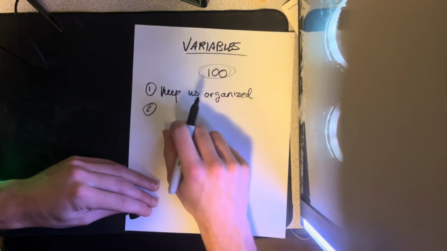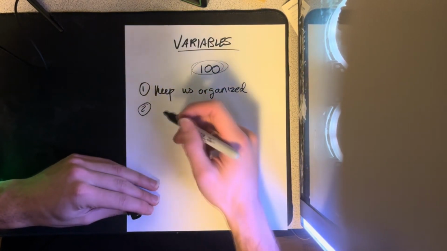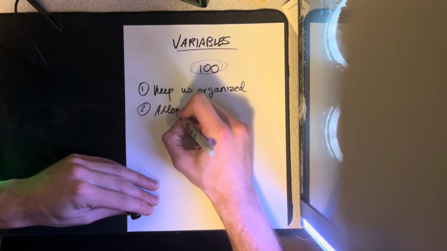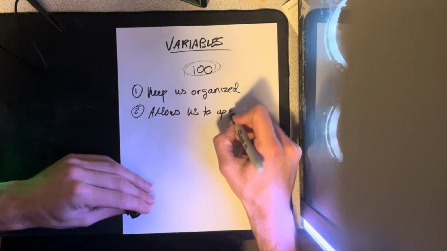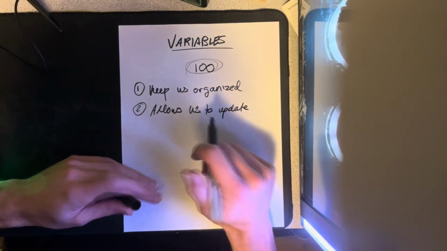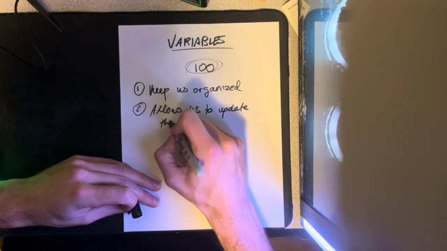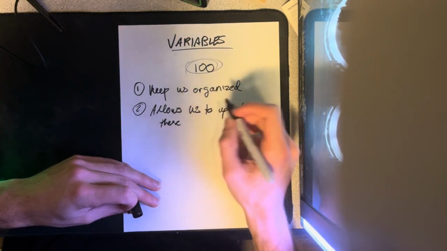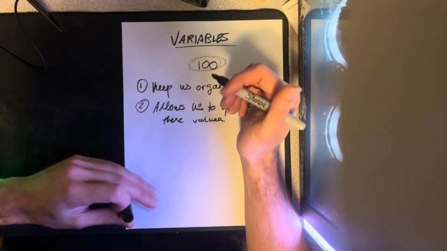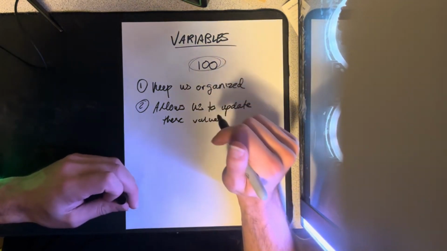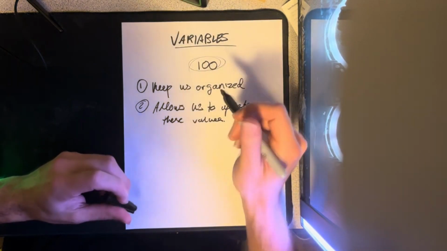But maybe the bigger reason we use variables is we've got all of these values, and if these values are in variables, it allows us to update them. So what do I mean by that? Well, if you have a player with 100 health, is that player going to stay at 100 health throughout the whole game?